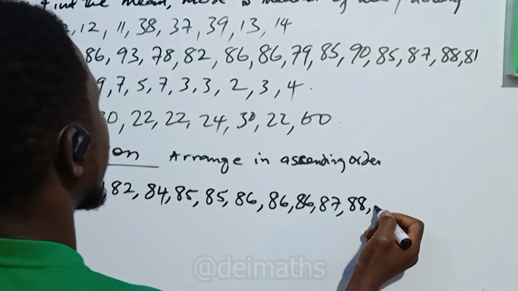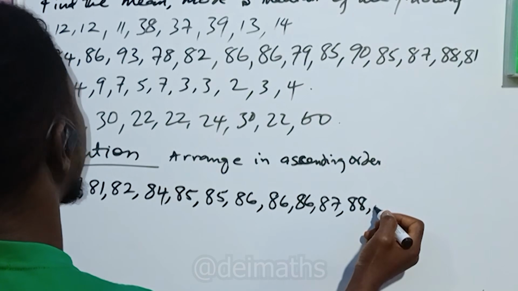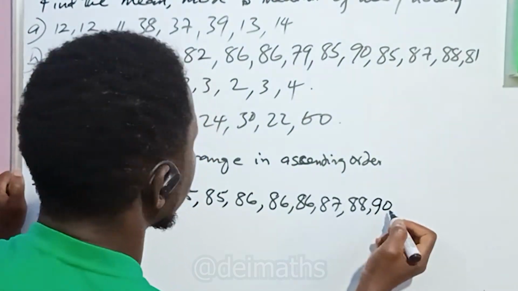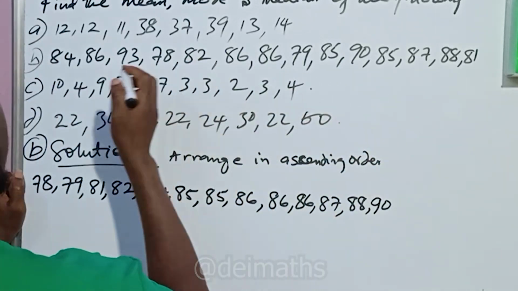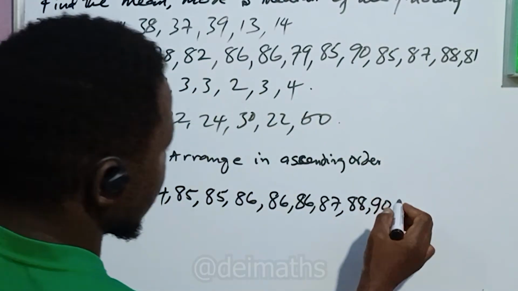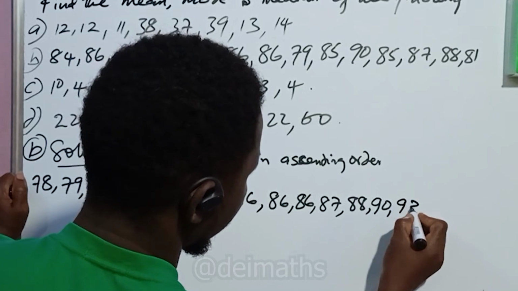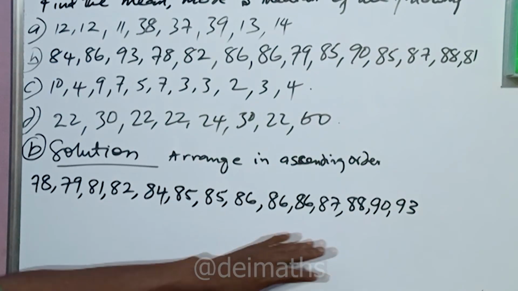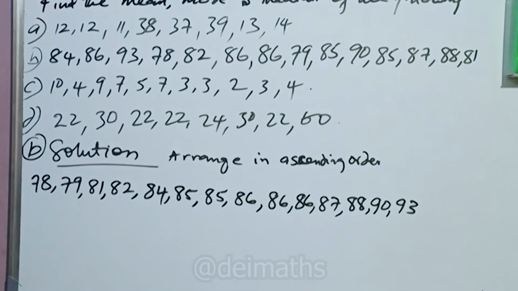Do we have 89? No. But we have 90. After 90, what else? 93. So we've done the first step by arranging it in ascending order.